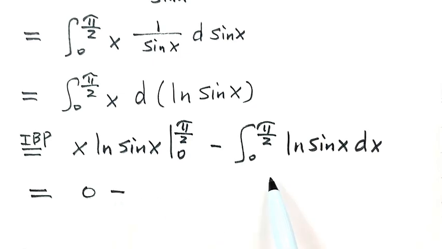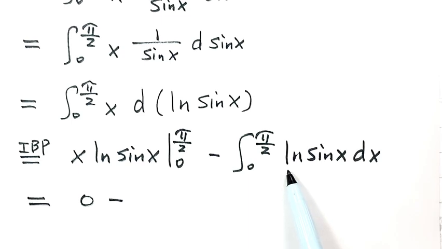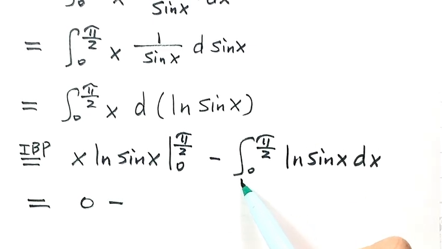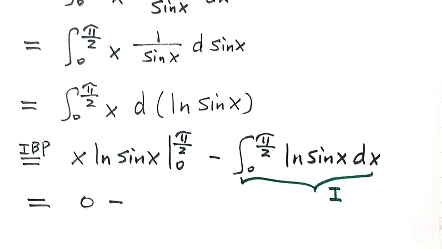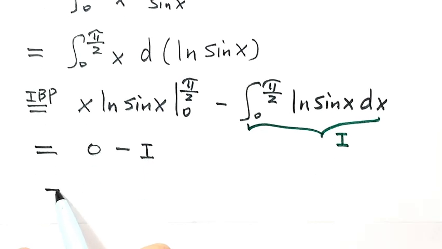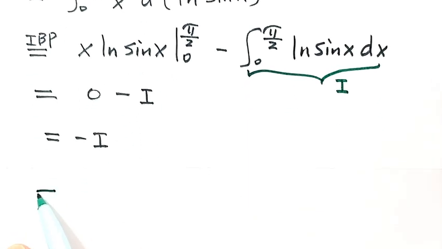Now let's see this part. For this integral, just log sine x, this integral is not easy to get an answer for. So we're going to denote this part as I. Then here just minus I, which equals negative I. So that means we start from the original integral.